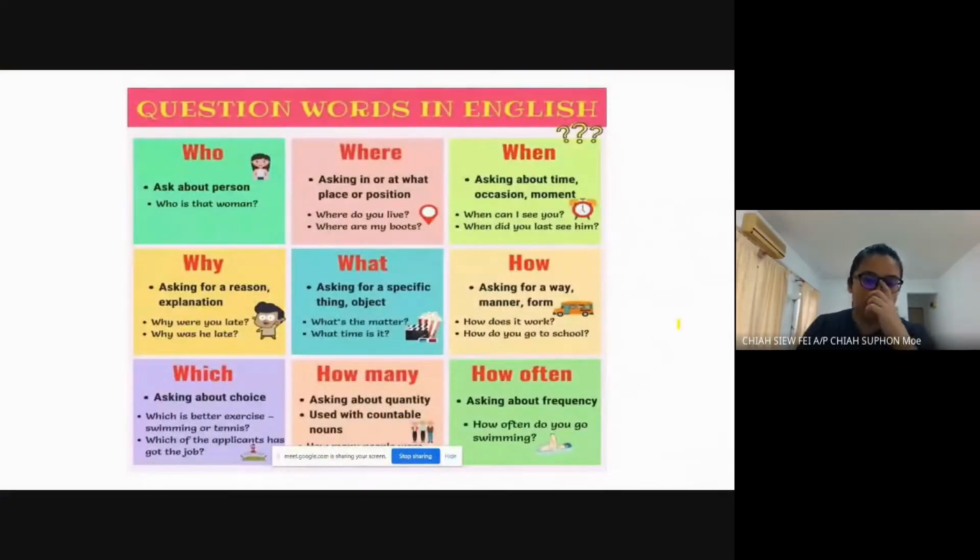Next up, these are the important things that we have to think about when we want to write a story. They are called question words. We are talking about who, where, when, why, what, how, which, how many, how often.